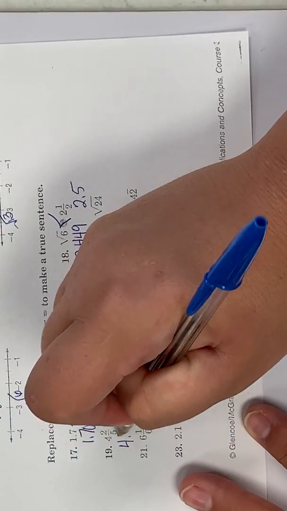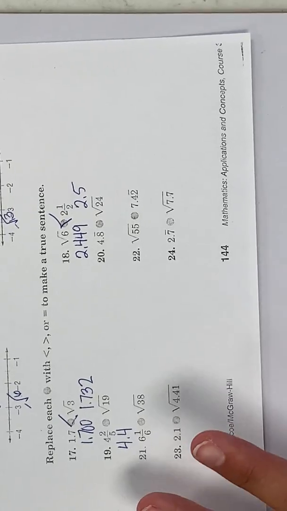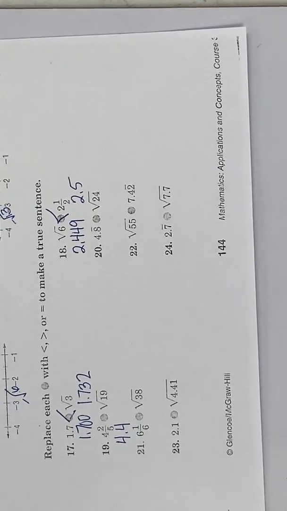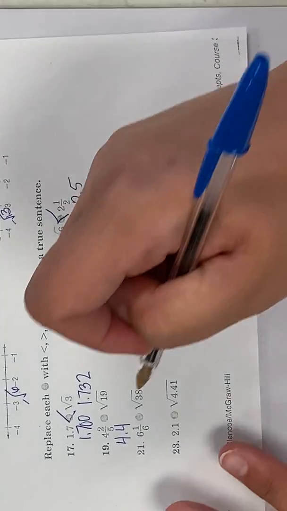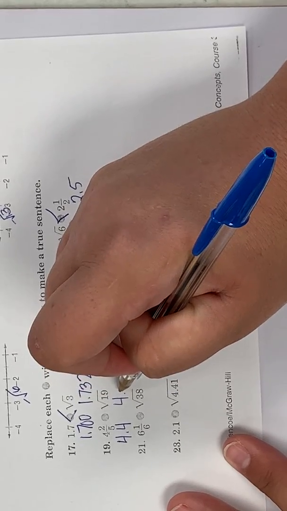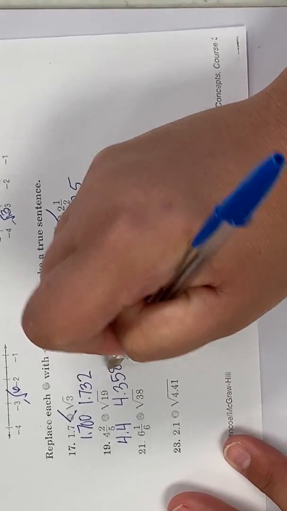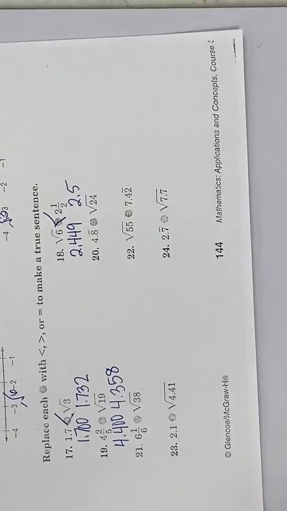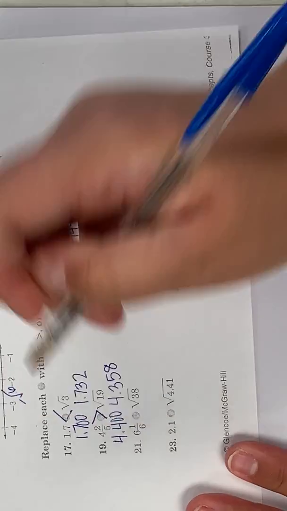Okay, so you got 4.4. Now, square root of 19, what is it in your calculator using the radical? 4.358. Add some zeros here. Which one's bigger, 400 or 358? 400 is.